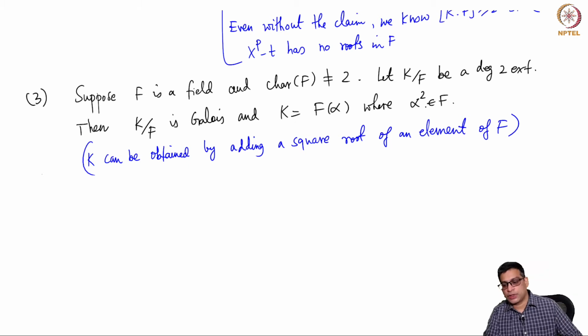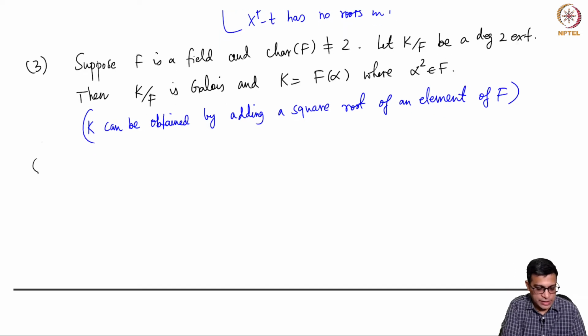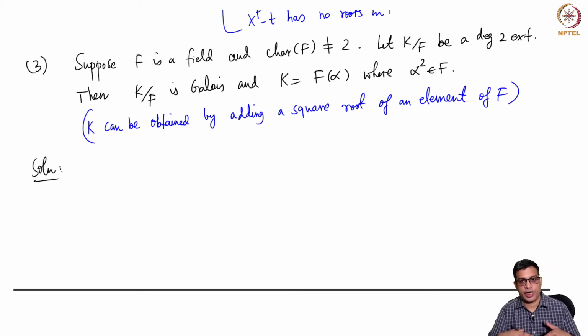So you take alpha squared, that's in F, so you add a square root of that to get alpha, so K equals F(alpha). So this is a nicely structured result for degree 2 extensions of fields which are not of characteristic 2.